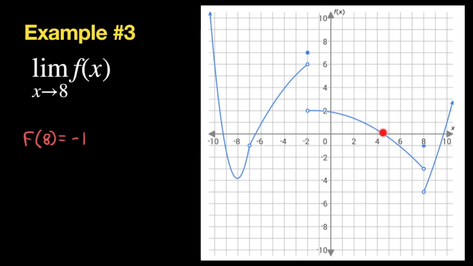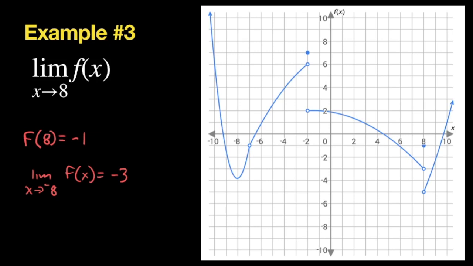So as we follow this line, you can see that this section of the line on the left side is approaching -3. So we're going to say the limit as x approaches 8 from the left side, from the negative side, is going to be equal to -3.